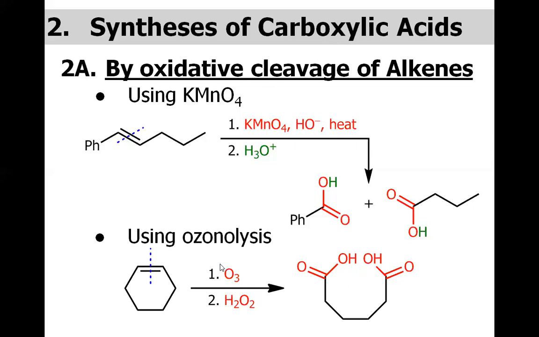We have already discussed its reaction mechanism when we were discussing the chemistry of alkenes. So we are not supposed to discuss the mechanism in this video, but just accept the fact that when ozone is treated followed by the oxidative workup, the reaction produces the carboxylic acids, provided that we have hydrogen here.